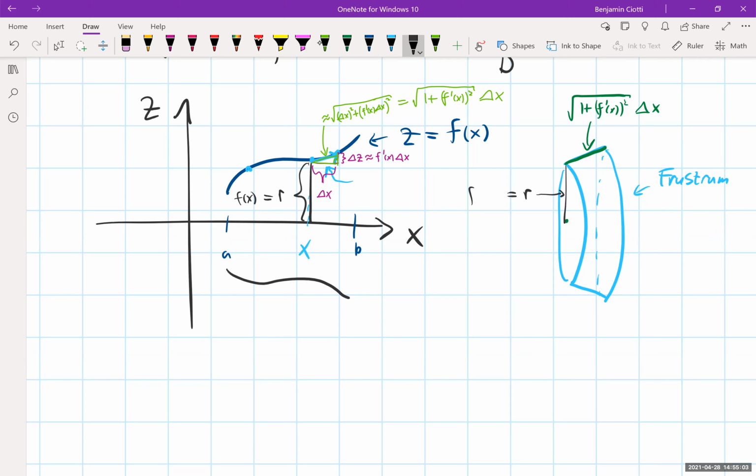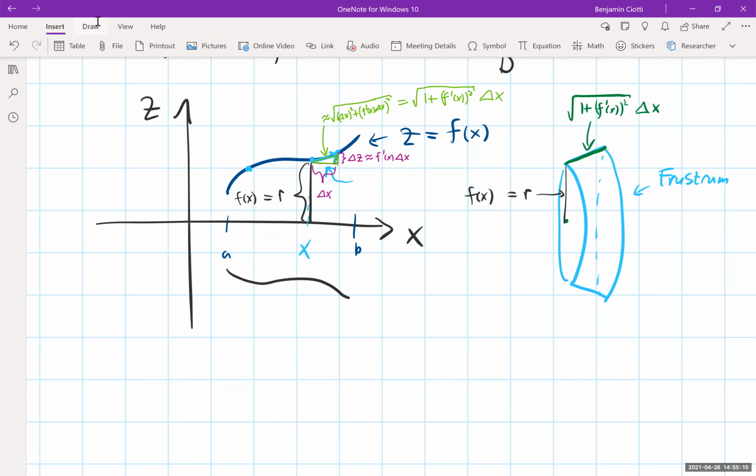So r is like f of x, if we're rotating around the x-axis for this problem. And if you look up, say, the surface area of a frustrum, let's see.